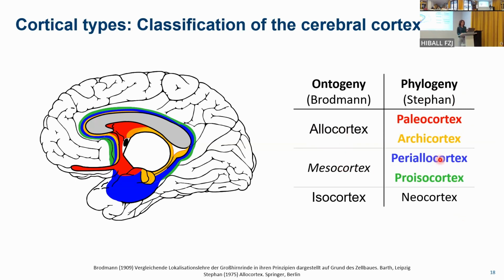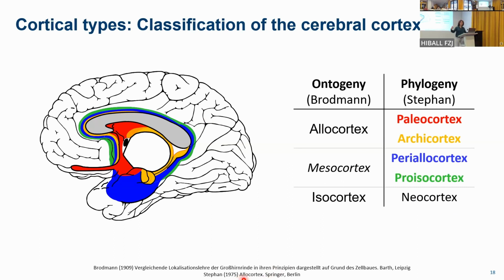Then we have periallocortex and proisocortex. Both of these types of cortex belong to the mesocortex. And then we have the neocortex, which is synonymous with isocortex. These two terms you can pick and mix as you want, because with them we're representing exactly the same portion of cortex. Okay.